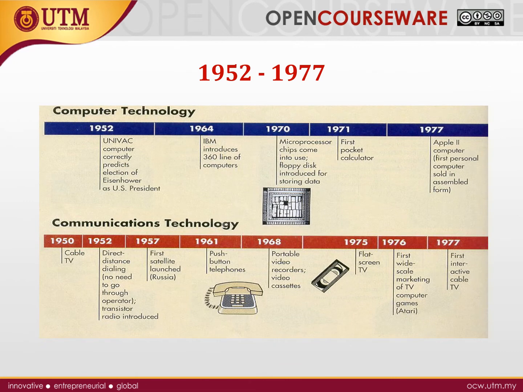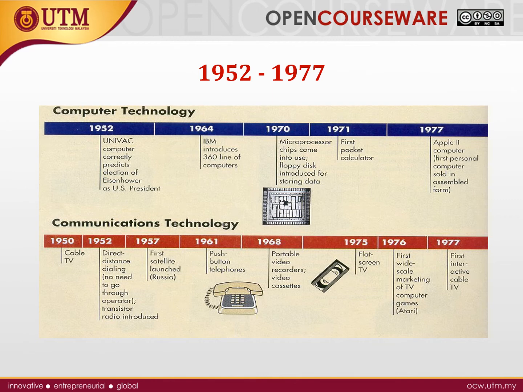And from 1952 to 1977, IBM introduced the 360 line of computers, followed by microprocessor chips. And then in 1977, Apple computer, the first personal computer, was sold in assembled form. And for communication technology, cable TV was invented in 1950, followed by direct distance dialing in 1952, no need to go through the operator.